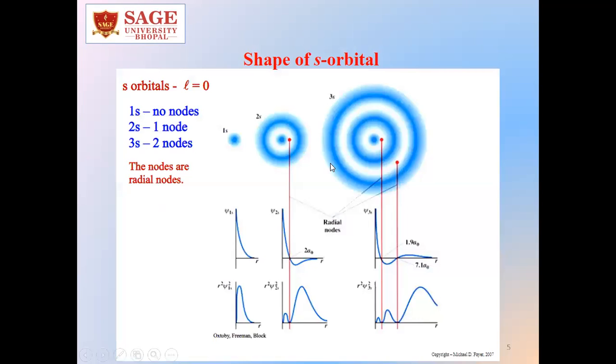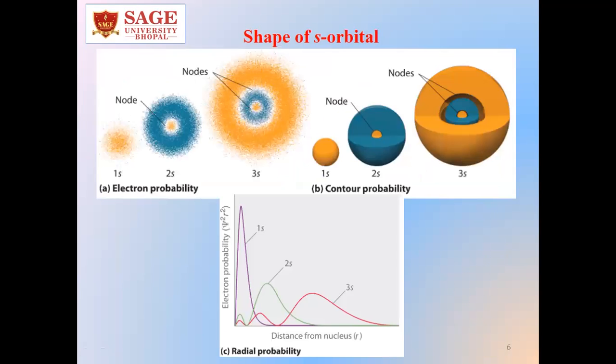So like this there will be nodes. So we have learned that s orbitals are non-directional, they are spherical, and they have nodes. Nodes are the place where the probability of finding an electron is 0.